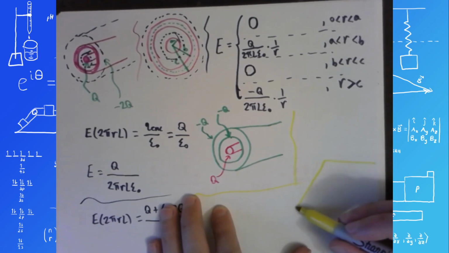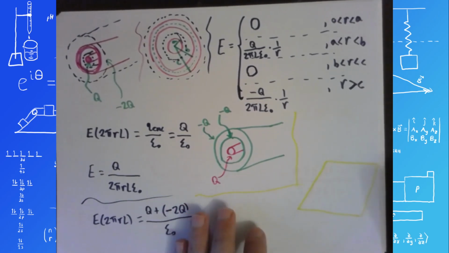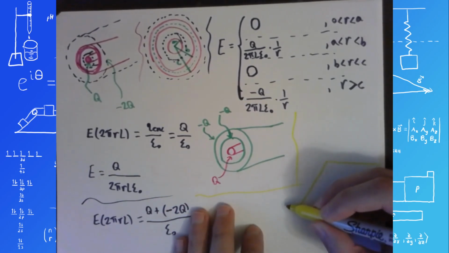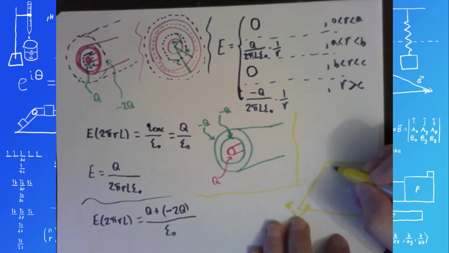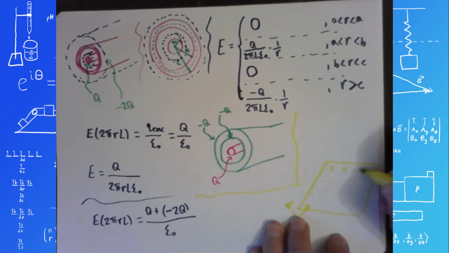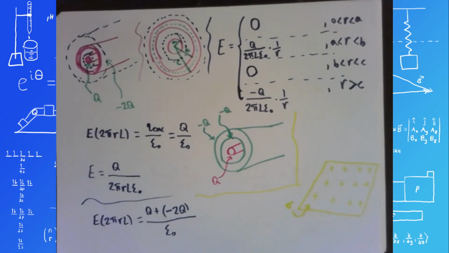If I just have a flat infinite sheet of charge with a surface charge density sigma, let's assume this sheet is positively charged for the sake of simplicity. We can deal with negative charge in a minute. But let's work with positive charge first.